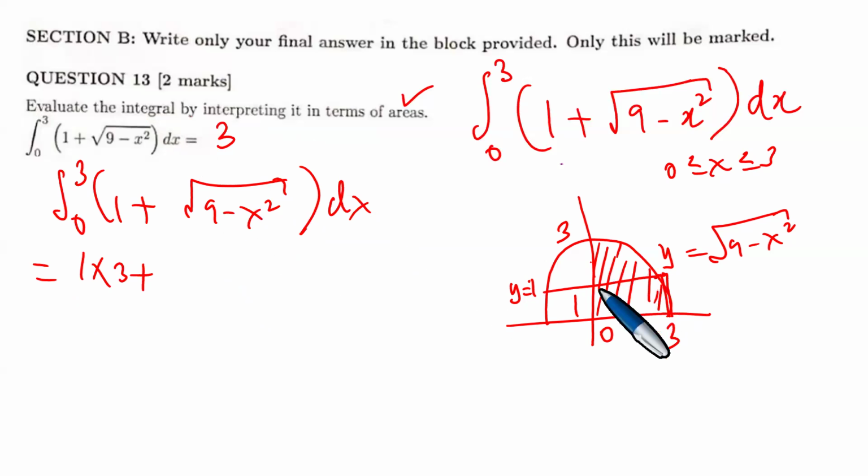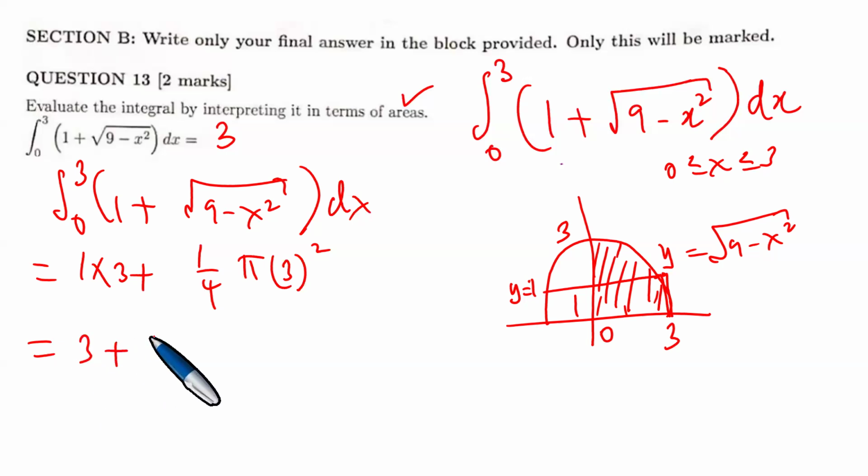And this one is a quarter circle. The radius of this circle is 3 units, and the area of a quarter circle is pi r squared over 4, so you square the radius and this becomes 9 pi out of 4.